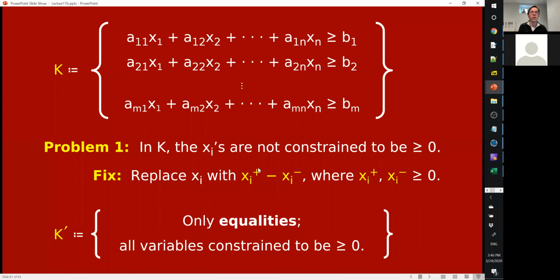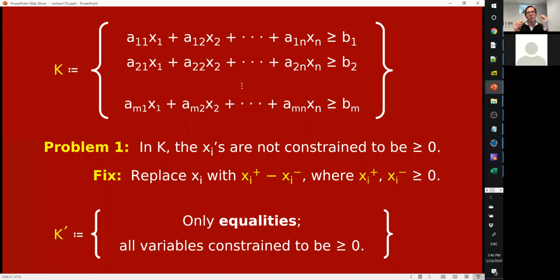If you plug this into some inequations, it turns one inequation into another inequation, just in twice as many variables. And you are going to constrain xi plus and xi minus to be non-negative in your final K prime as needed. This is why it's valid: any real number can be written as a difference of two non-negative real numbers.